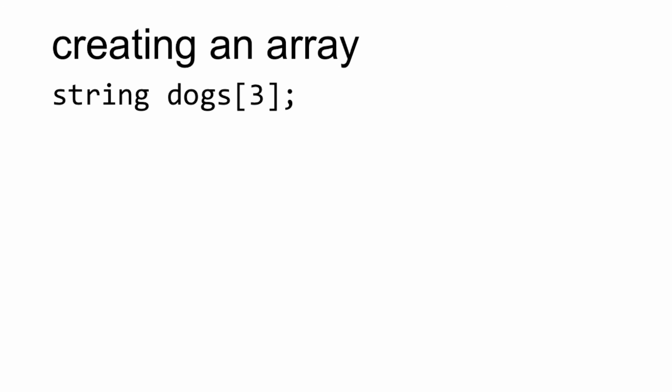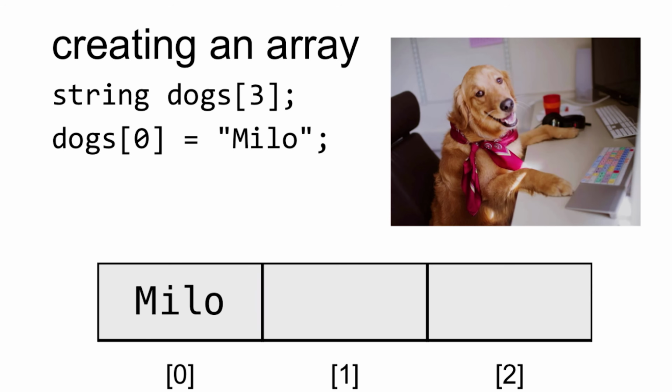Here's an example of how you might create an array of your own. So say I wanted to store my 3 favorite dog names, then I would create an array of strings. So I would declare the type, string, and then put the name of the array, dogs, and then in those square brackets put the size of the array, in this case 3. So my first entry is going to be dogs at index 0, and that's going to be Milo.